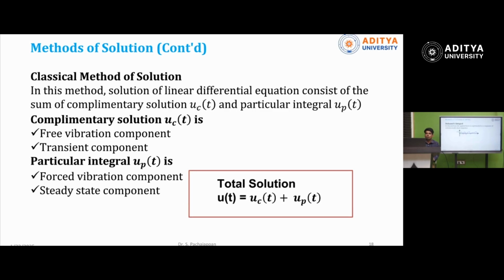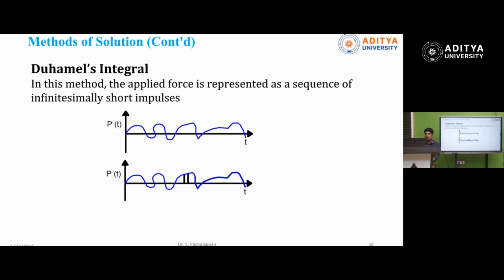Now, Duhamel's integral is another method to solve the dynamic equilibrium equation or the equation of motion. Whatever you are seeing is a load time history. So the load is P of t on the y-axis and on the x-axis we have a time scale. Automatically you see this load is random in nature because it's not a sine load or a cosine load.